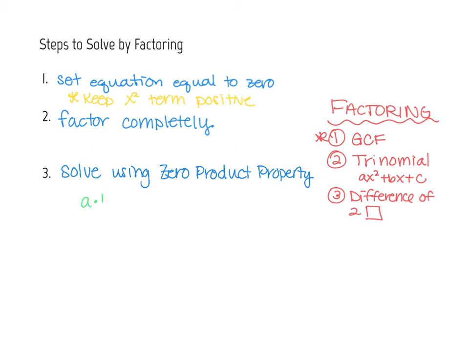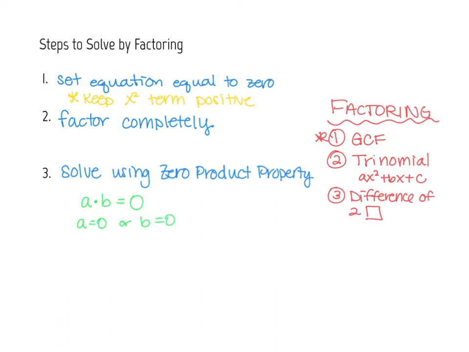If you have two terms, A and B, that are multiplied together and their answer is 0, meaning you have 0 for the product, because product is the answer of a multiplication, then either A has to equal 0, or B has to equal 0, or they both have to equal 0. That's the zero product property.